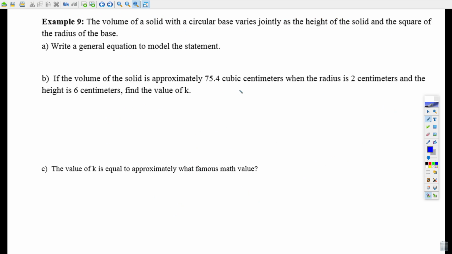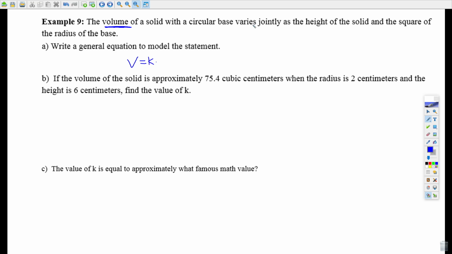Okay, we have one more left. Example 9. The volume of a solid with a circular base varies jointly as the height of the solid and the square of the radius of the base. Write the general equation to model the statement. All right, we have to pick some variables here. So as we read it, we'll make some variables and create the equation. The volume of a solid with a circular base. Let's choose volume, V, equals, got to have K in there, don't forget that.